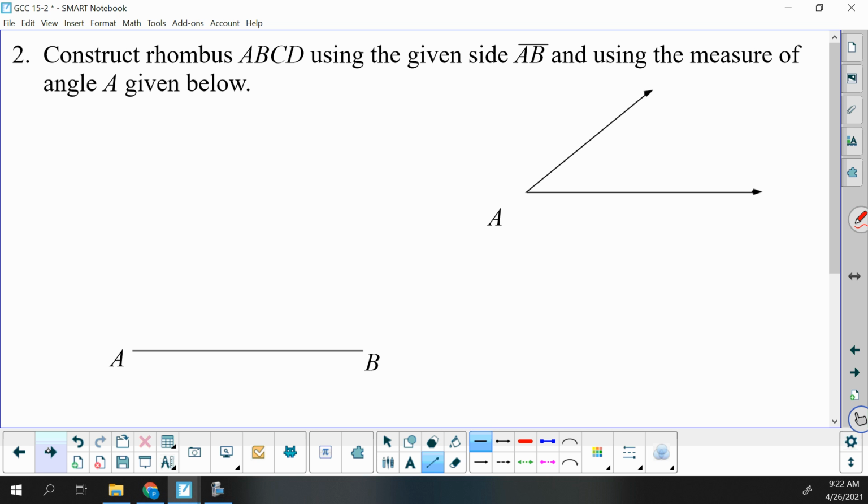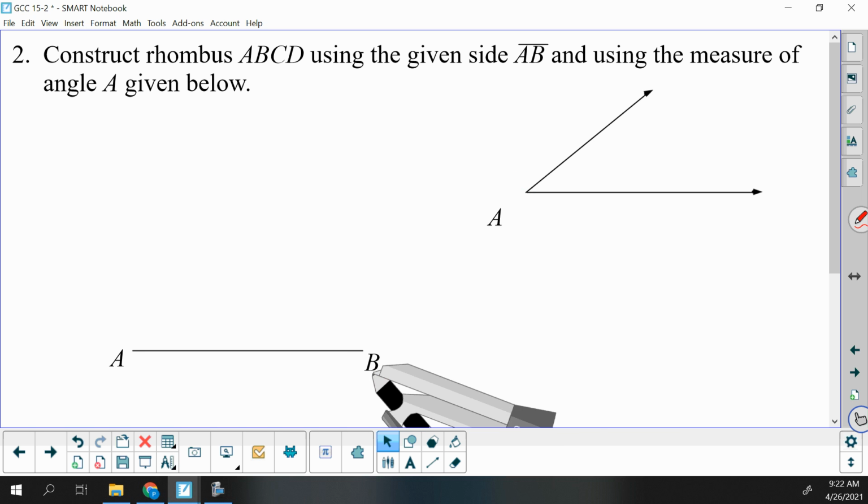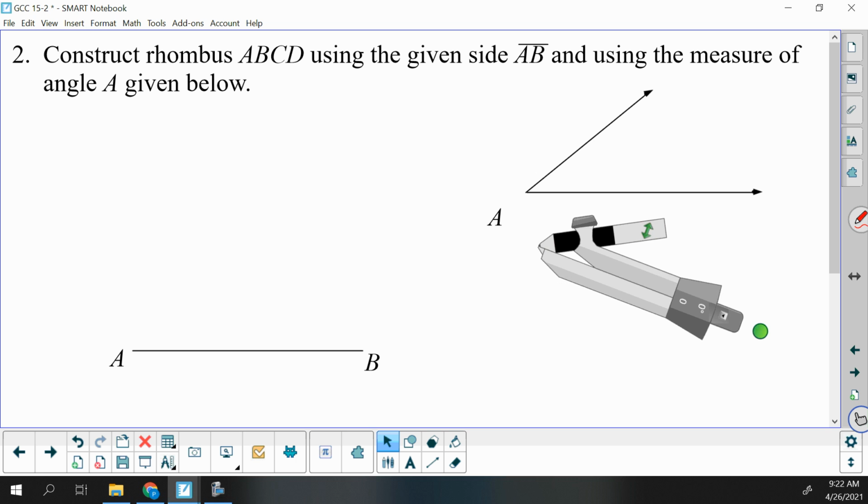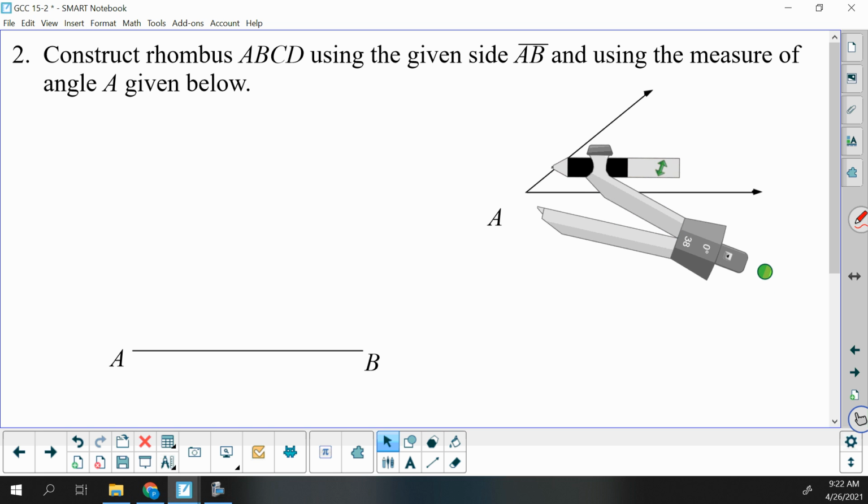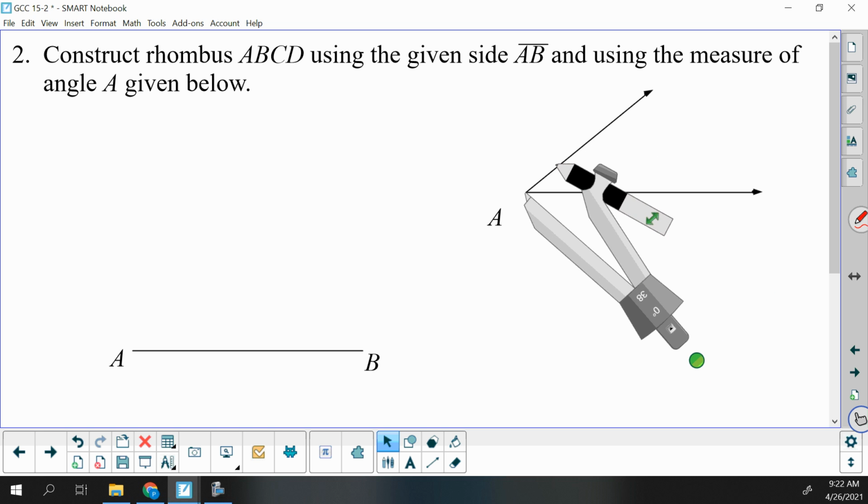Moving to the bottom of page 7, we're going to create a rhombus using that side length and with the given angle. So first thing we have to do is we have to copy the angle. So we're going to go over to the angle that they gave us. And we'll start by making any arc that we want.